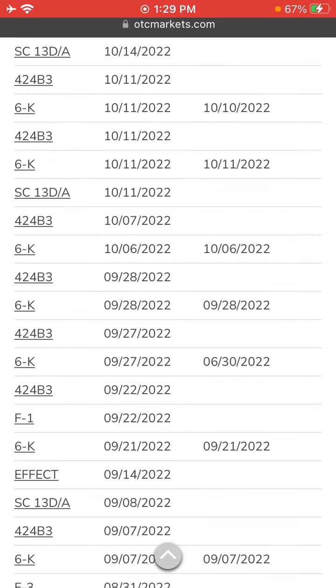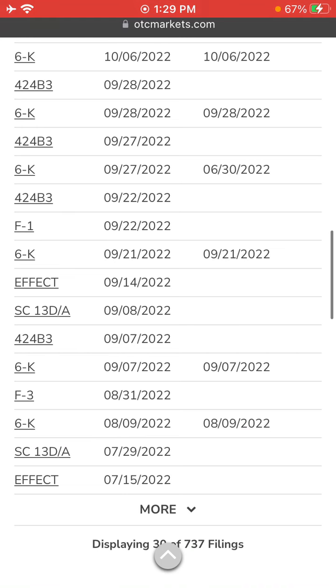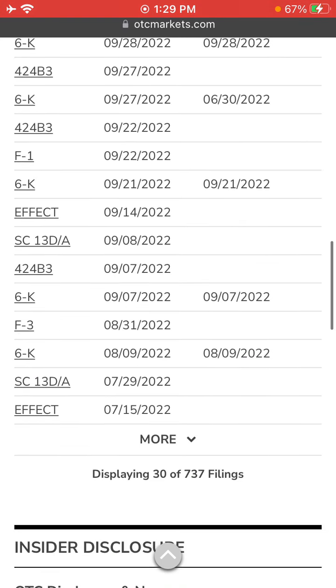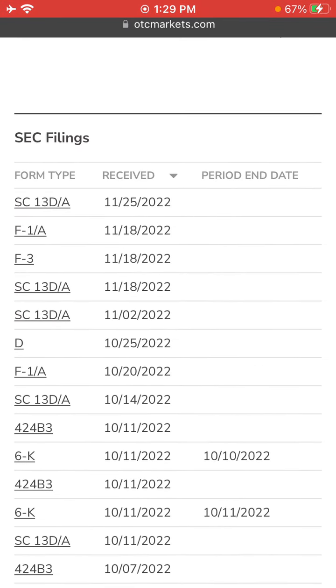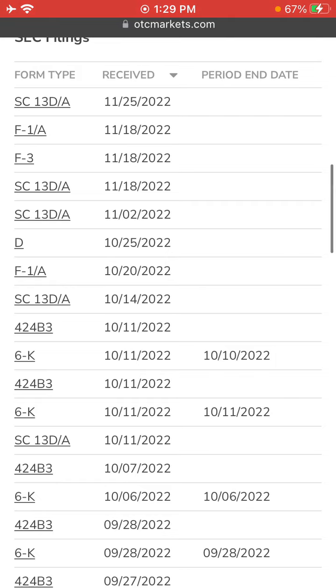But anyway, here I can just show you that if I wanted to see the most recent 10Q file, I would have to click on all these 6K files.